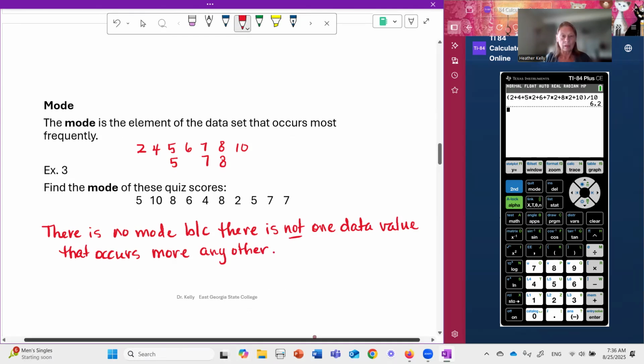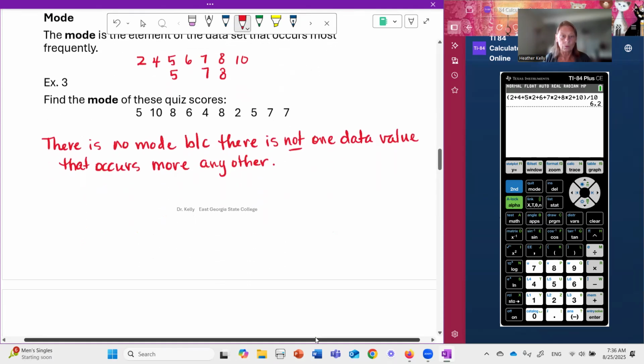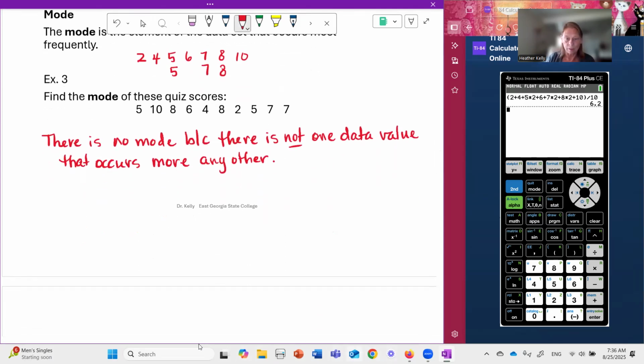Now, let me do an example. Let me just change this up. Okay, so if our quiz scores were 2, 4, 5, 5, 6, 7, 8, 8, 8, and 10, if this was our situation, not only would our mean change, our median would change, but also we would have a very clear mode here.